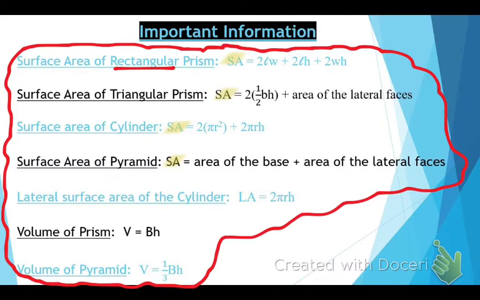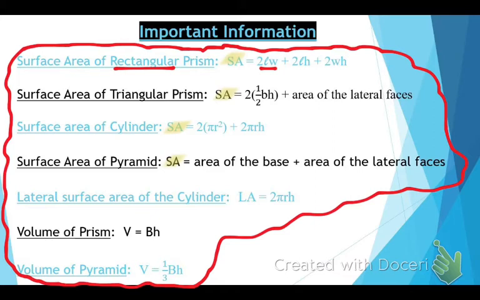As I look at all of these formulas that start with an SA, there's only one that says length times width in it. Which one is it? The very first one at the top, where it says right here, length times width. So you could easily, at that point, match the surface area of a rectangular prism would have to be that one.